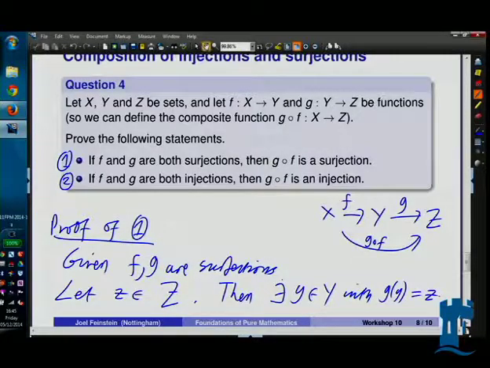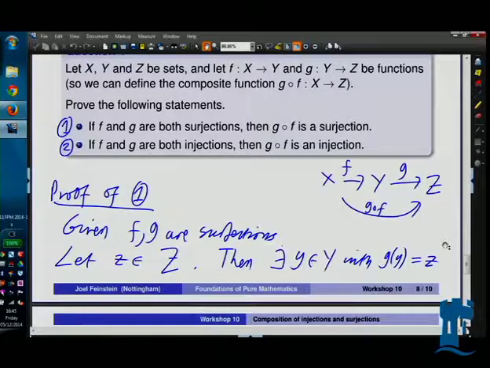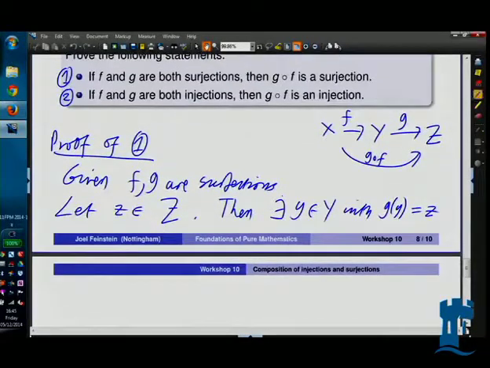There may be lots, but certainly at least one, since g is surjective. And then since f is surjective, we can get to this y using something from x.